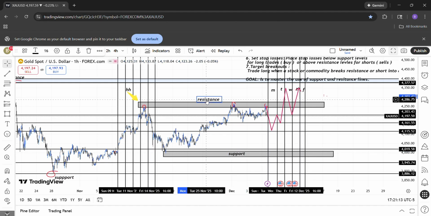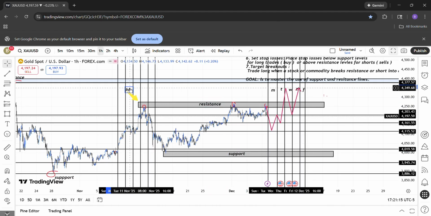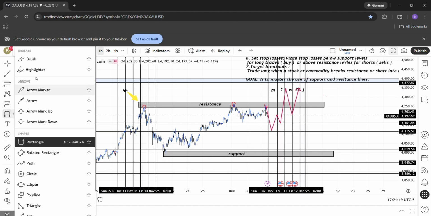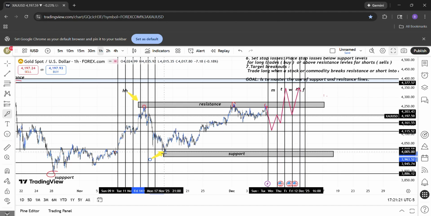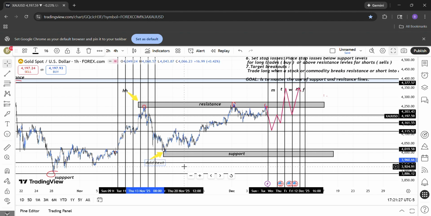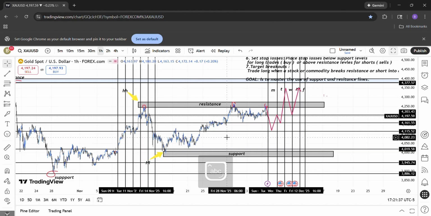Boom, right? Cool. This would be a higher high. This would be a lower low, or a higher low, but it's still a low.